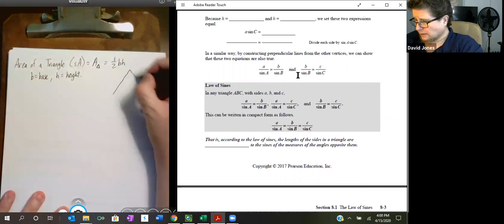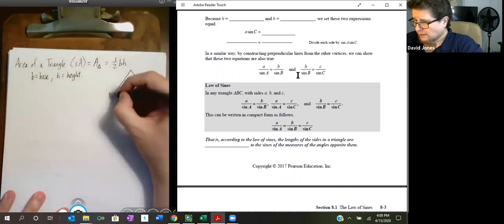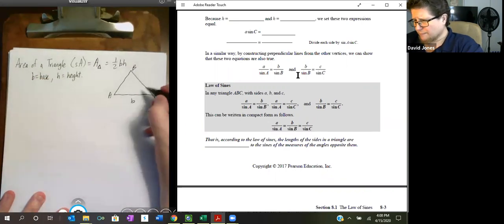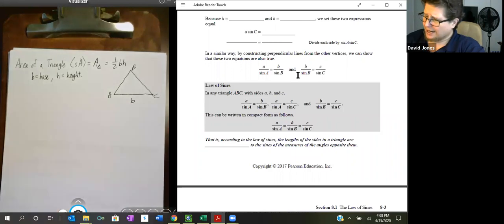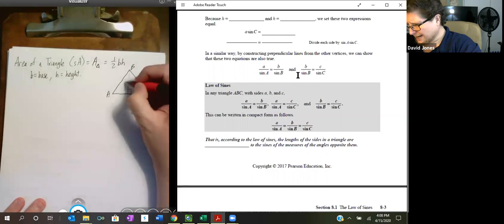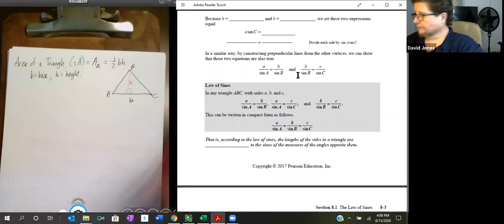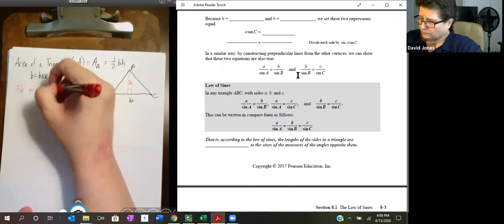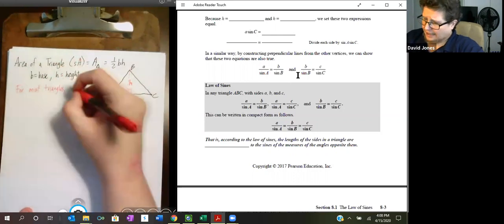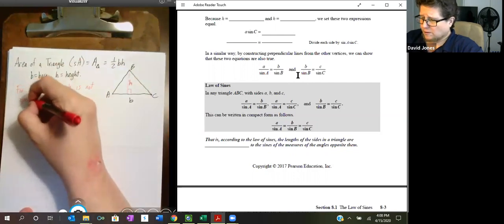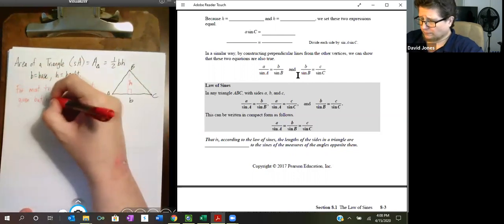But that's my base. The height is this vertical distance. If we drop a parallel line, that's H. For most triangles, H is not given, but it is calculatable.